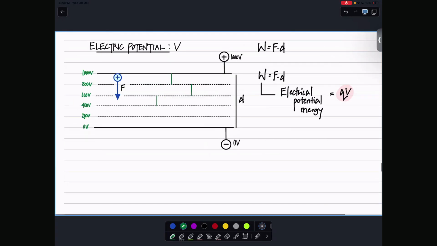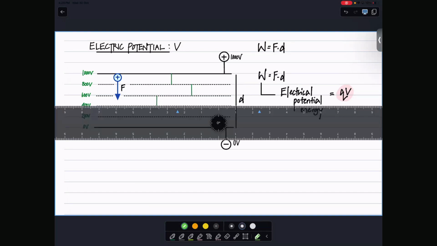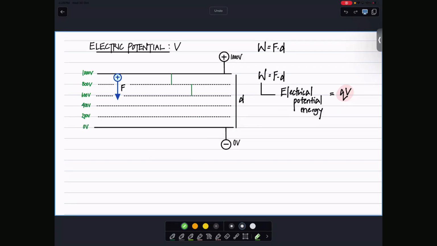In an equipotential setup where the lines are equally spaced, the amount of energy you gain for every gap is equal. This is the diagram for a uniform field. In a uniform field, you'll find the gaps are equally spaced.